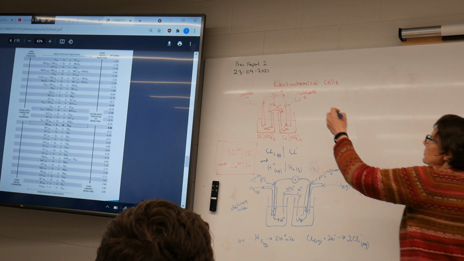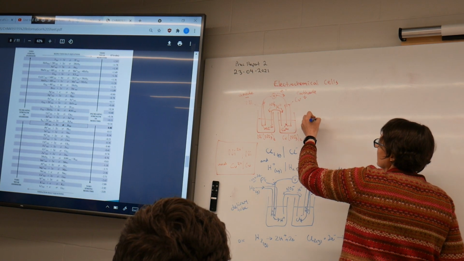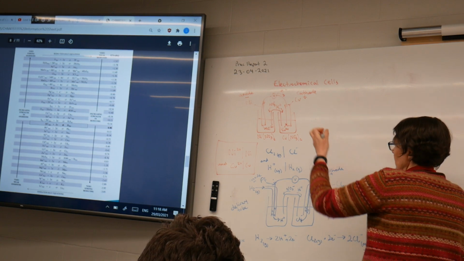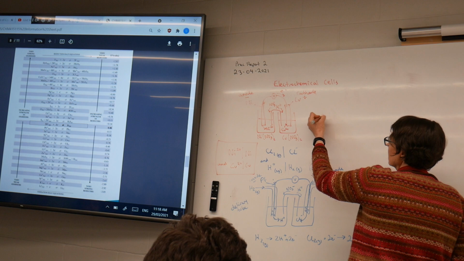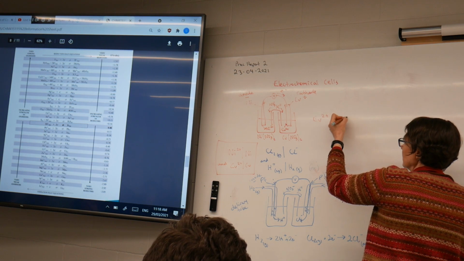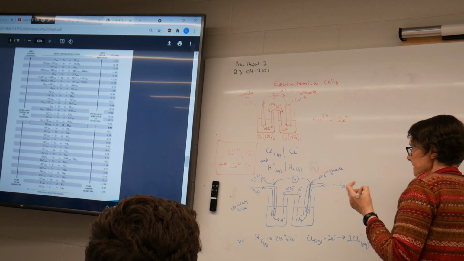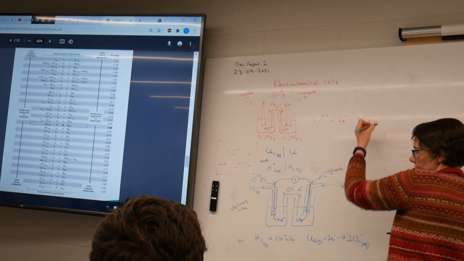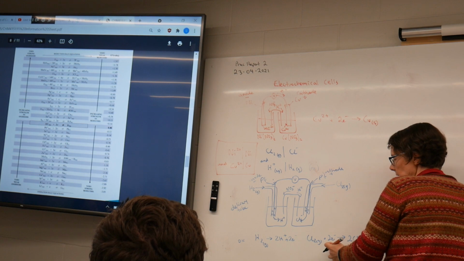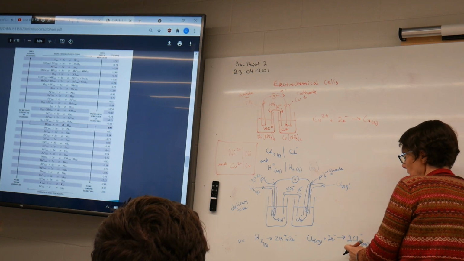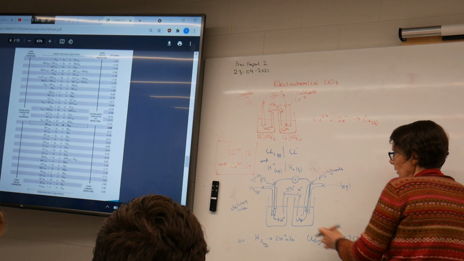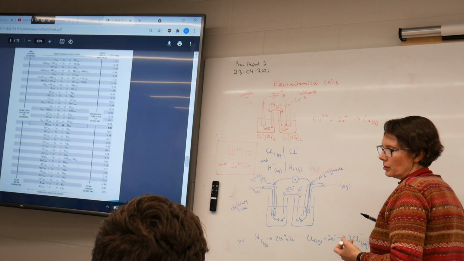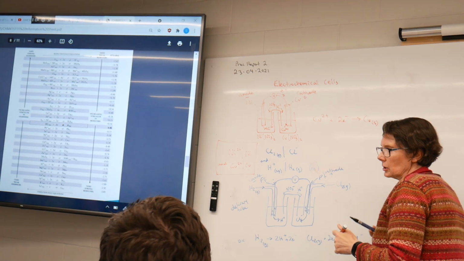Because this was a cation here, the copper ion, it has two positive and it is gaining 2 electrons to become copper solid. The chlorine gas is gaining 2 electrons to become the chloride ion. So the chloride ion can't really stay stuck on the electrode there. It's going to come off into solution.